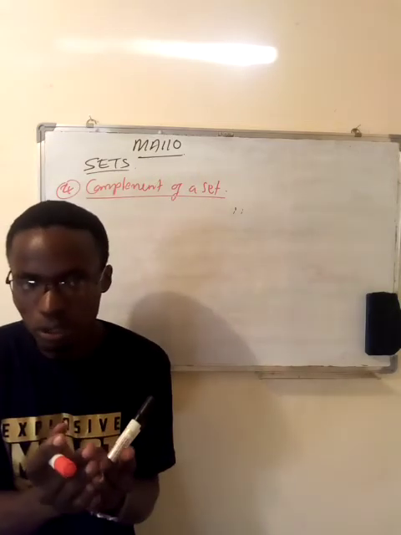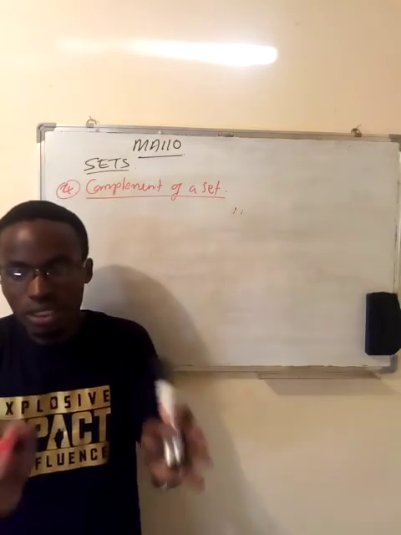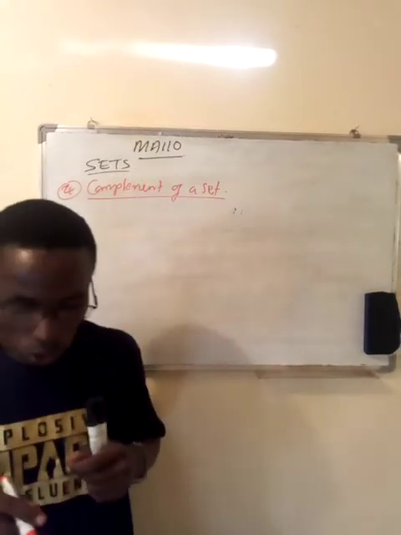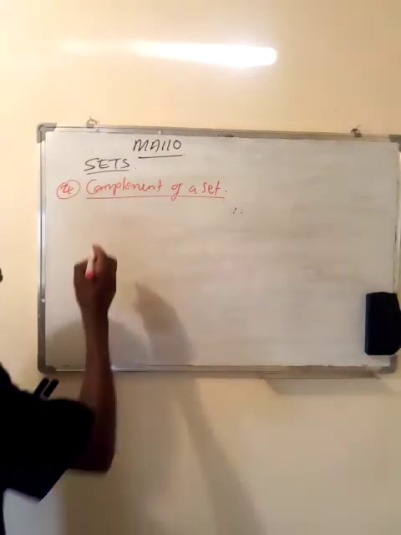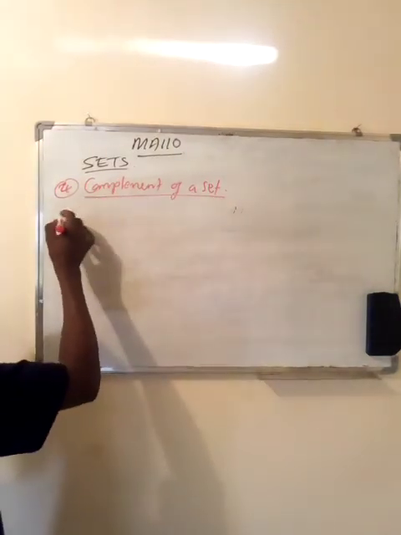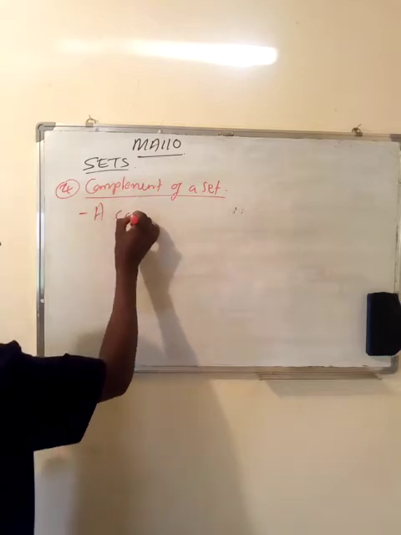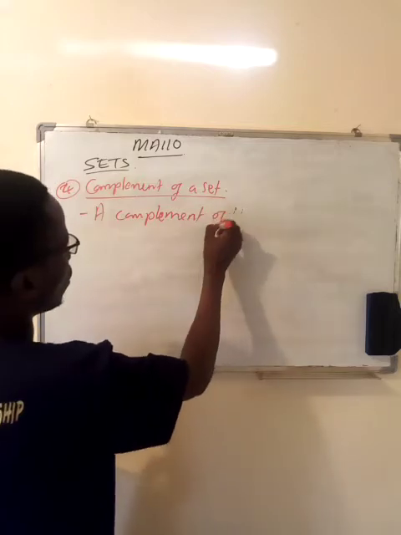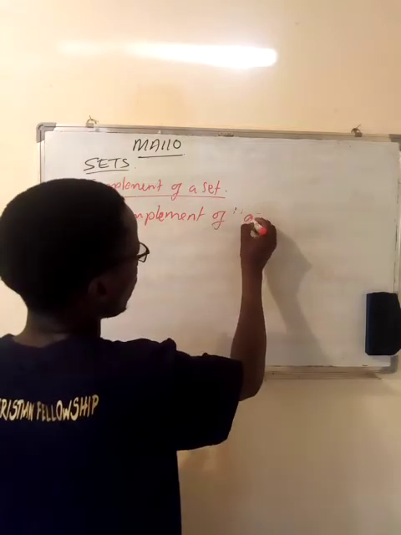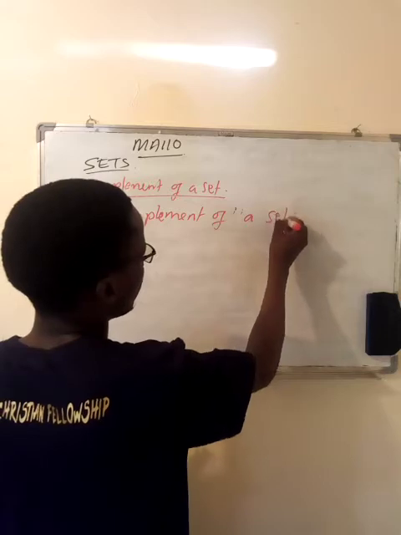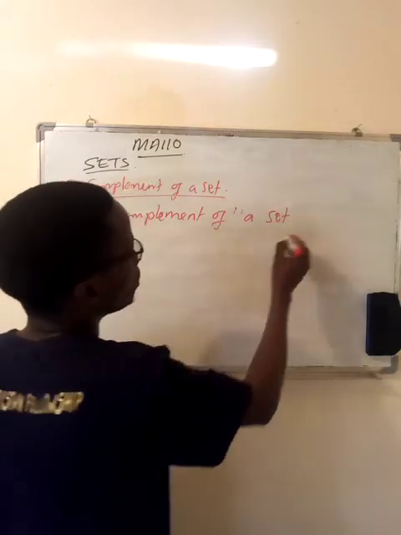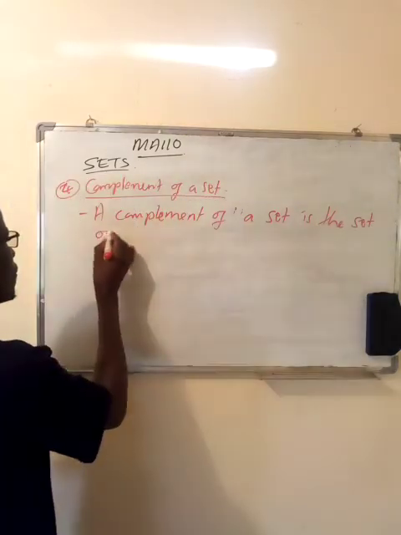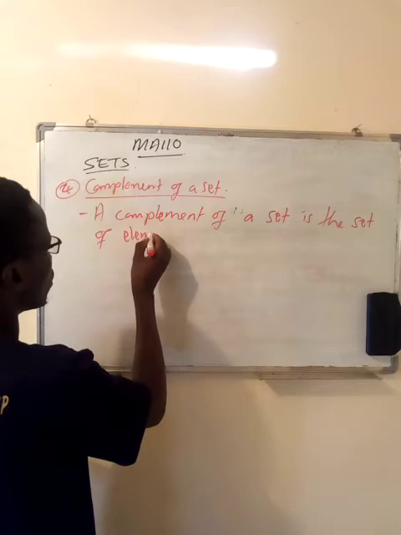We say A' is a set of elements x such that x is not a member of A. All right, that's what it means. x is not a member of A. So any element that is not part of set A is going to belong to the complement.